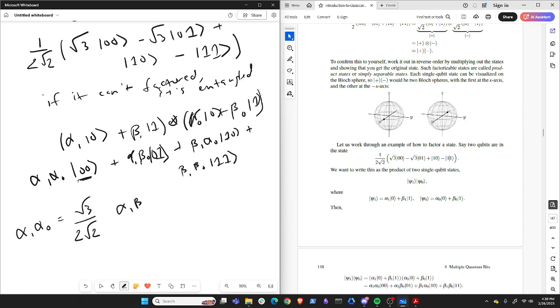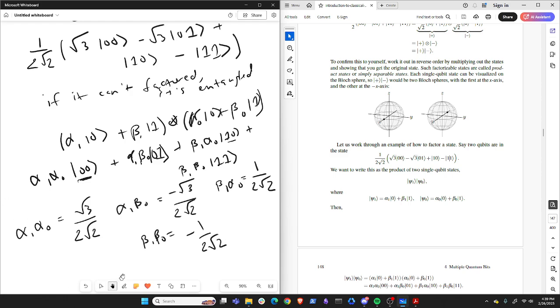Alpha 1 beta 0 has amplitude negative square root of 3 over 2 square roots of 2. State 10, beta 1 alpha 0, has an amplitude of positive 1 over 2 square roots of 2, and beta 1 beta 0 has an amplitude of minus 1 over 2 square roots of 2.